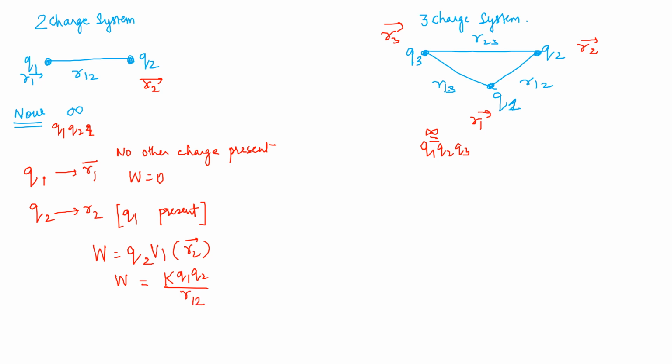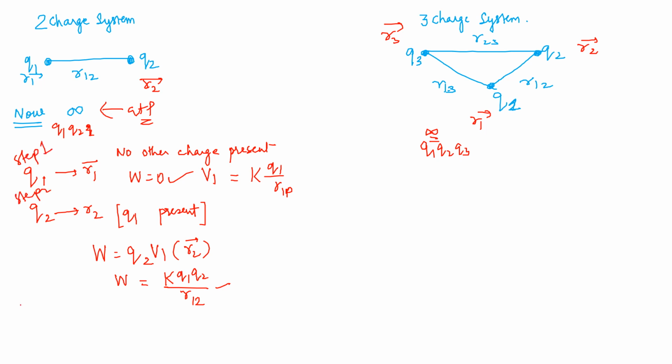From where does all this come? Because the potential due to Q1 was given as K Q1 upon R1P. We have taken infinity as P, so that we can define it by some alphabetical word. Now here it is 0, here it is this.